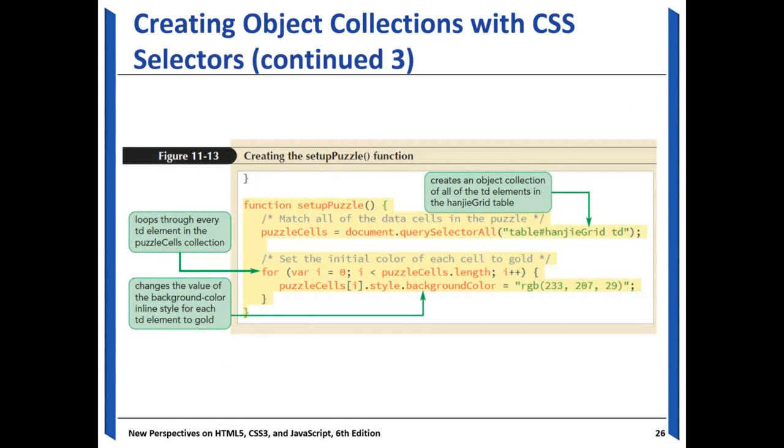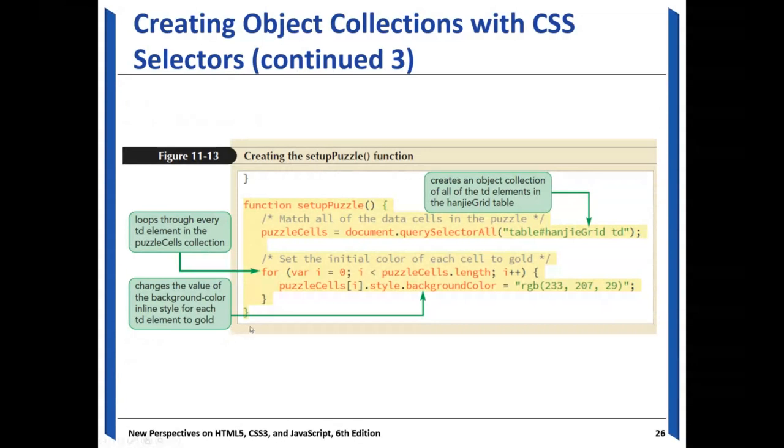All right, so we see an example of this here. The first one, puzzleCells equals document.querySelectorAll, then the table information here. This is the object collection, and it's going to apply to all the TD elements in the grid table. The next one is going to change the value of the backgroundColor inline style for each TD element to gold.